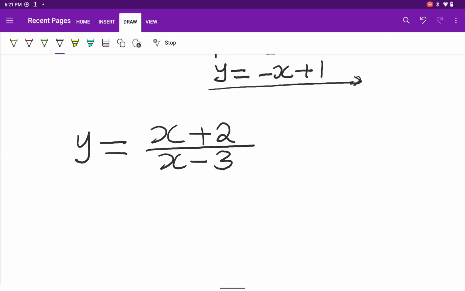They can give it to you this way and say rewrite it in the form y = a over (x - p) plus q. So we are going to rewrite this equation in the normal form.